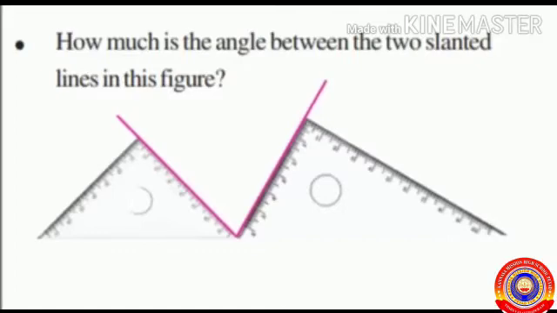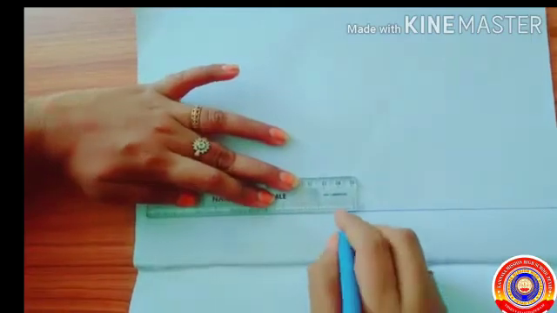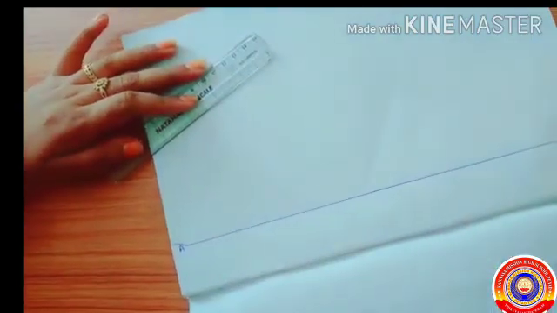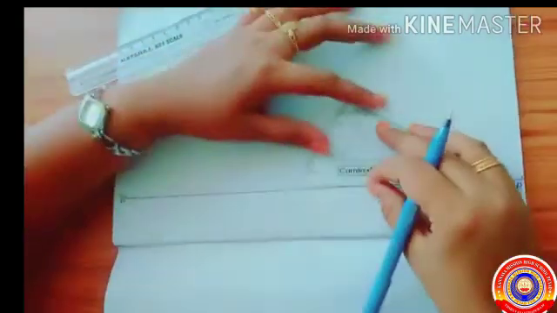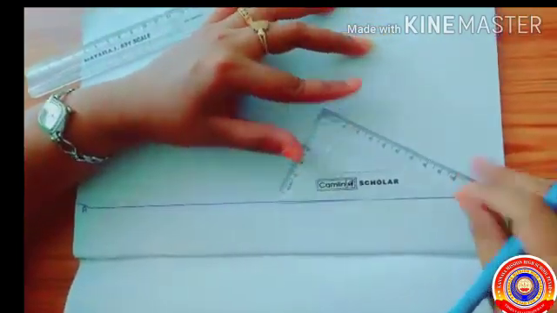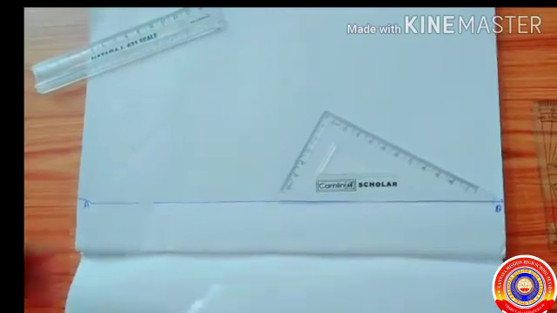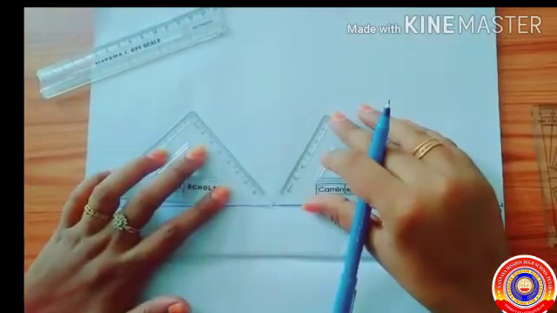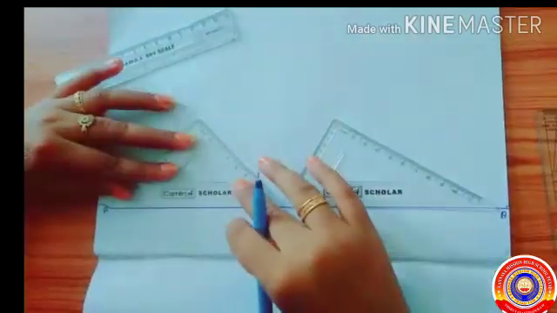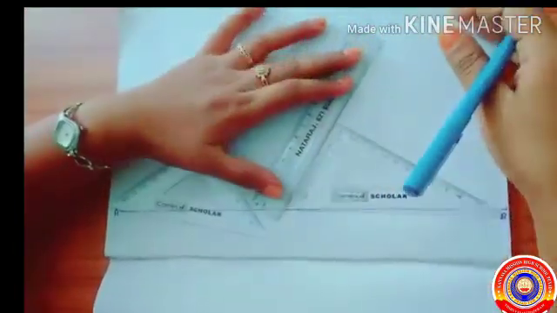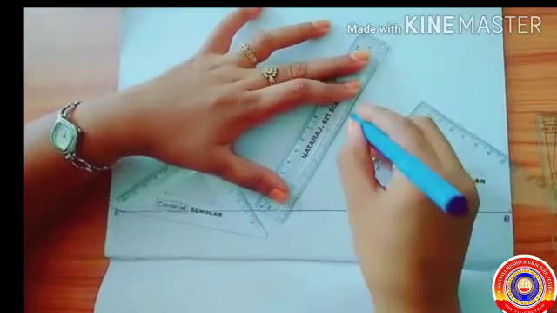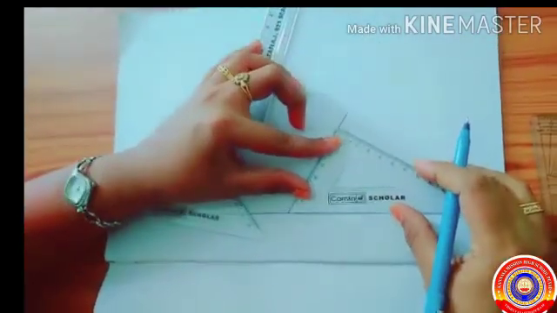Let's do another question in your textbook, page number 10. In this question, it is given that how much is the angle between the two slanted lines in the figure. So, for that, just draw a figure using the set squares and scale. Here in your geometry box, there are two set squares, set square A and set square B. Using that, draw a figure like this.